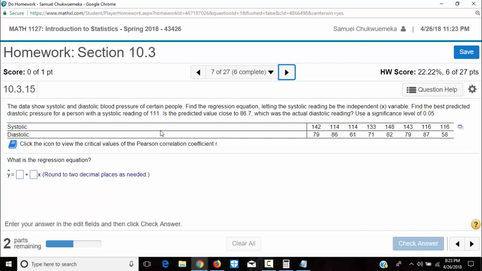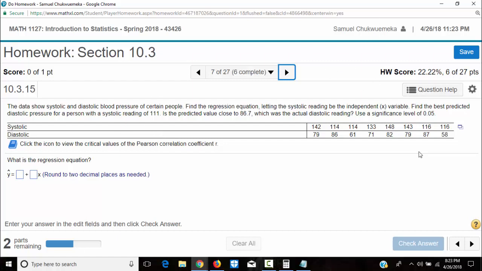Find the best predicted diastolic pressure for a person with a systolic reading of 111. Is the predicted value close to 86.7, which was the actual diastolic reading? Use a significance level of 5%.